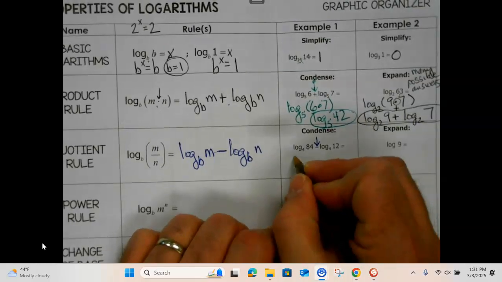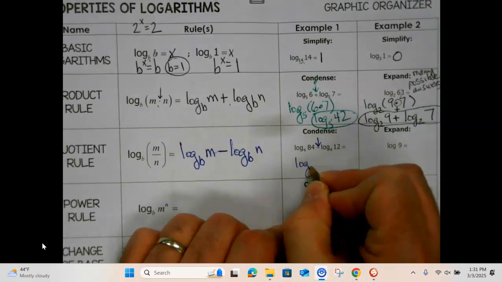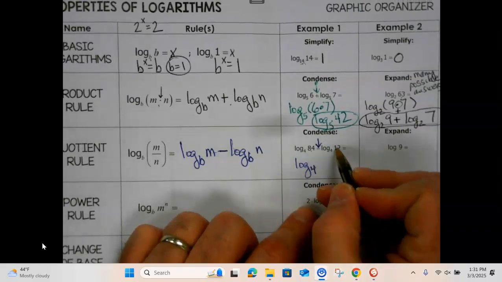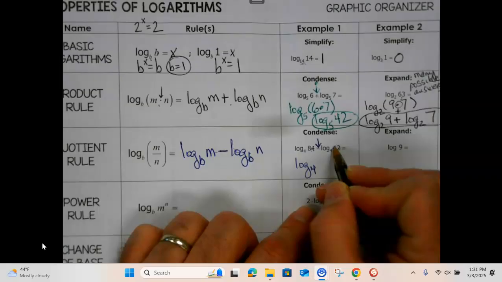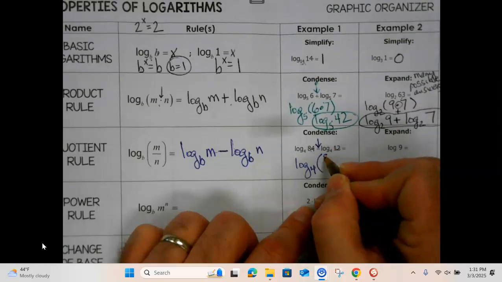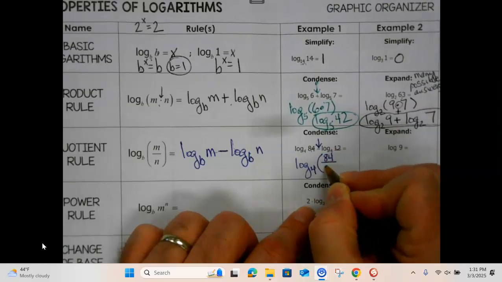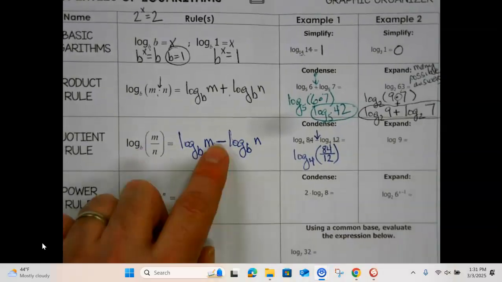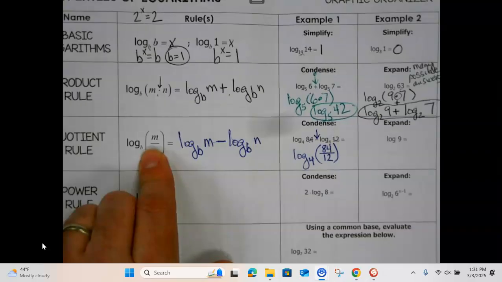And condense again means we're going to get to one single logarithm. And we're just going to take the two values that are given, and it becomes divide. Minus to divide when we're going the condense way.